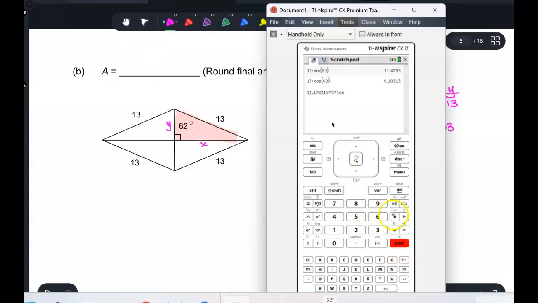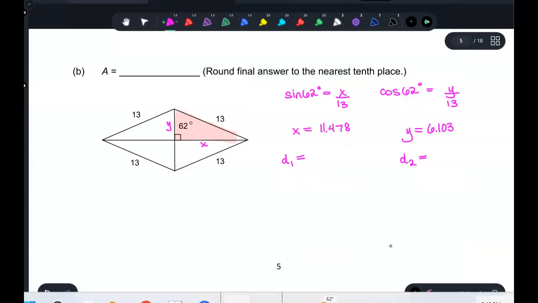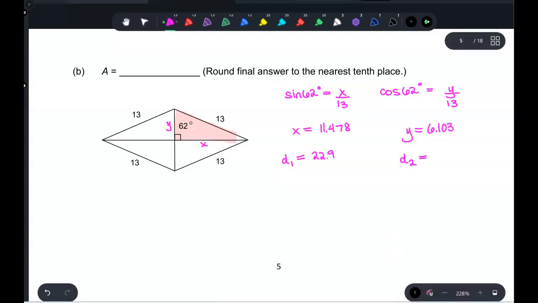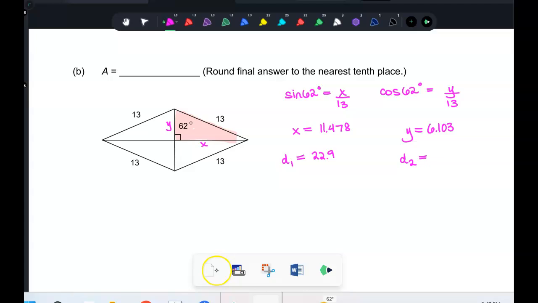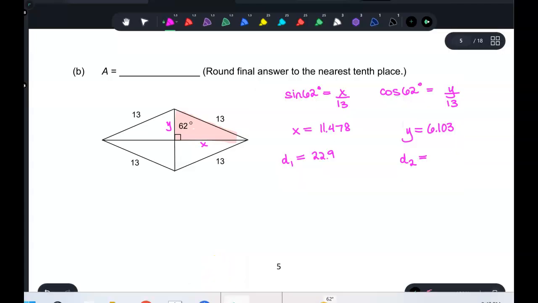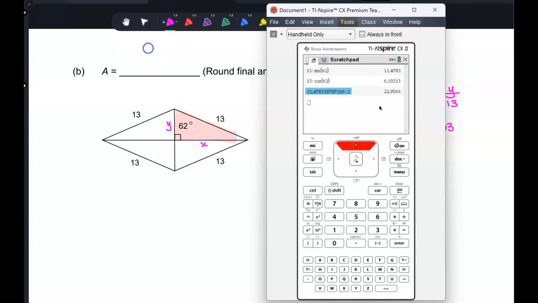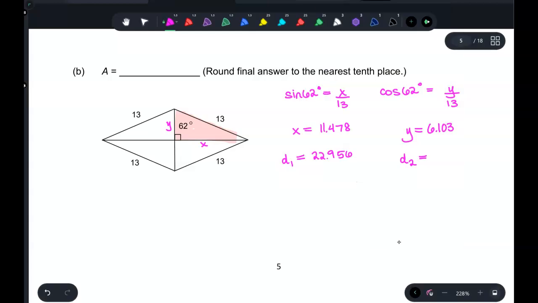If I take this times 2, I get 22.956. For D1 or D2? It doesn't really matter. And then D2: I'm going to take 6.103 times 2, which is 12.206.